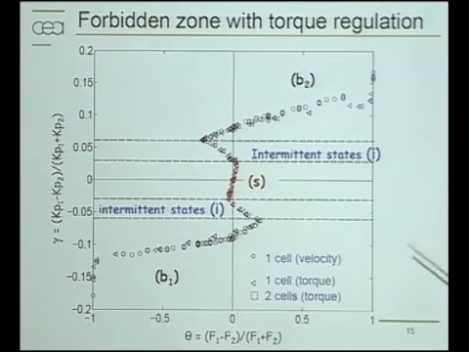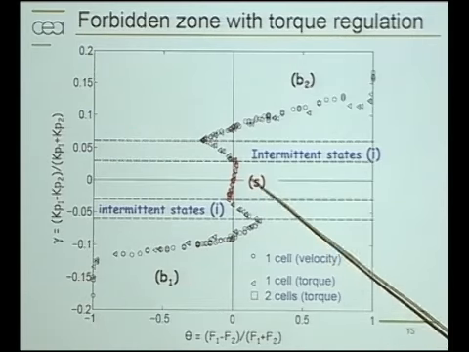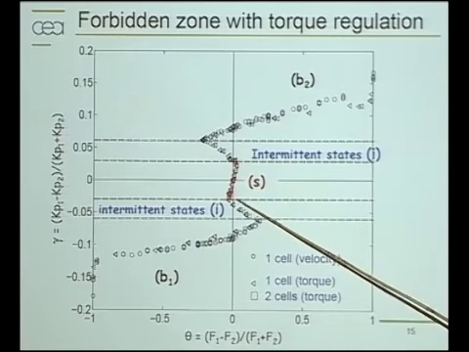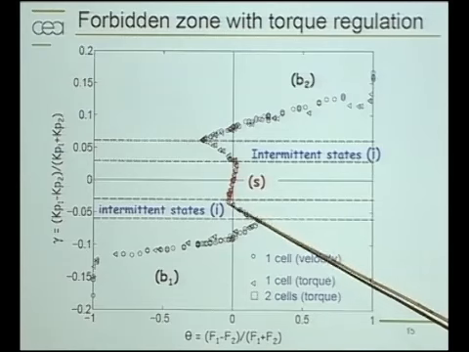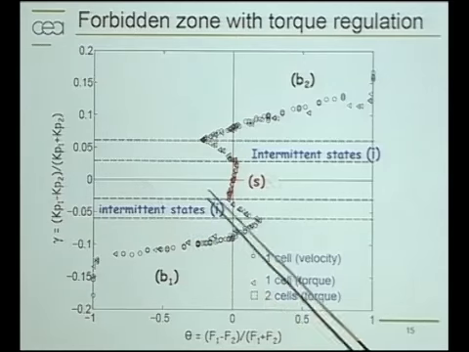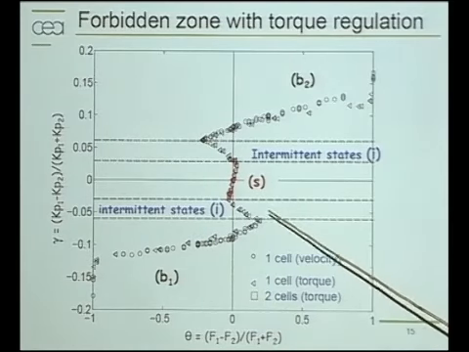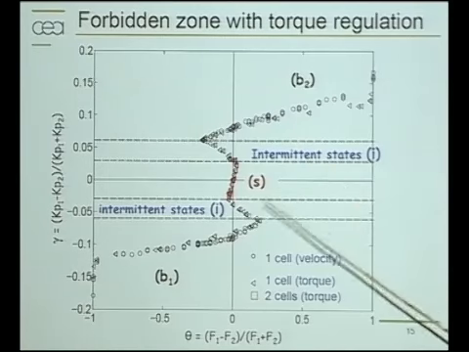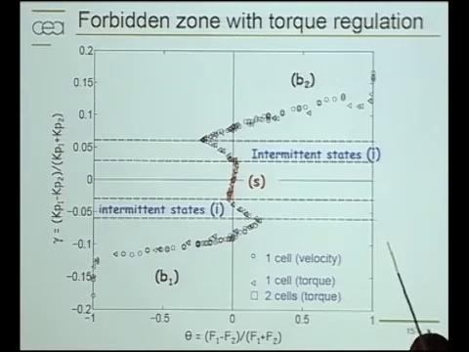But as I'm using electrical motors, I can perform torque regulation instead of velocity regulation. And in that case, I can go into this forbidden zone, and I can get this symmetric state on a larger range of delta Kp.